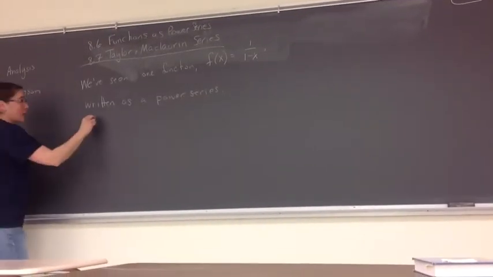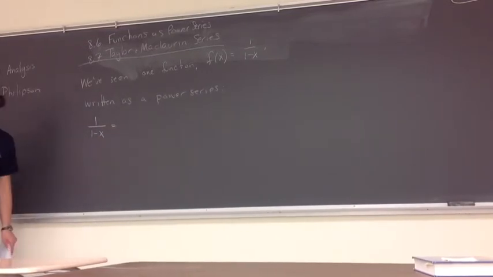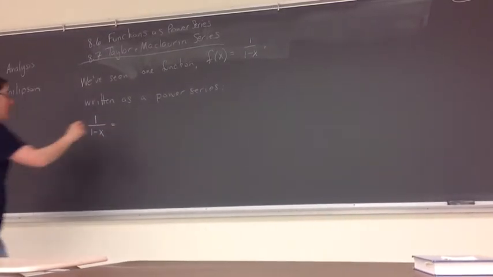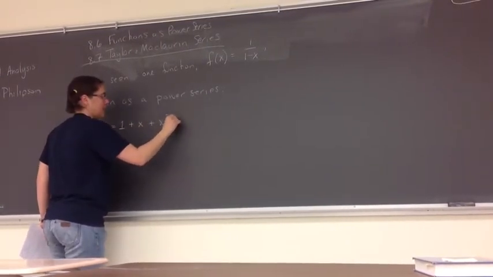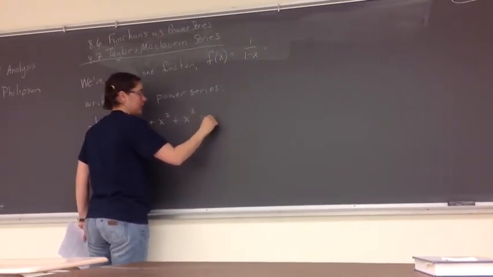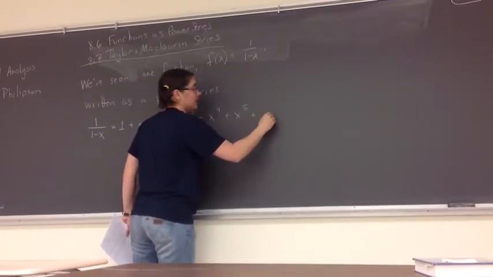The way that worked was that 1 over 1 minus x was exactly equal to 1 plus x plus x squared plus x cubed plus x to the 4th plus x to the 5th. This pattern continued forever and ever.